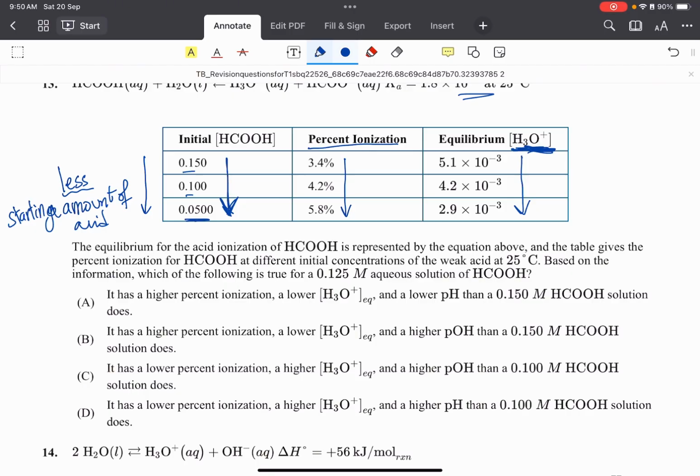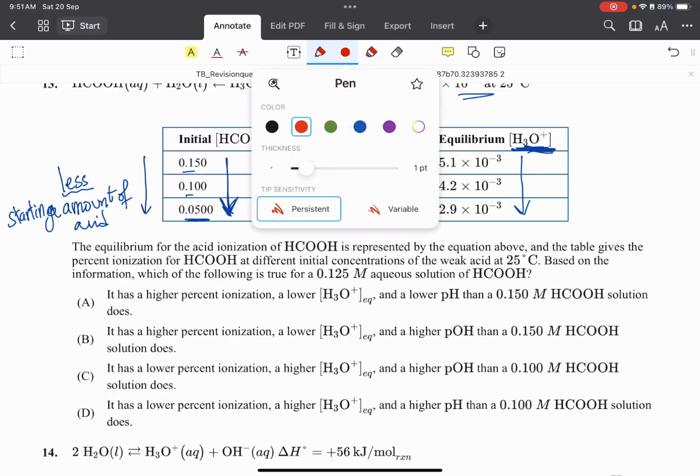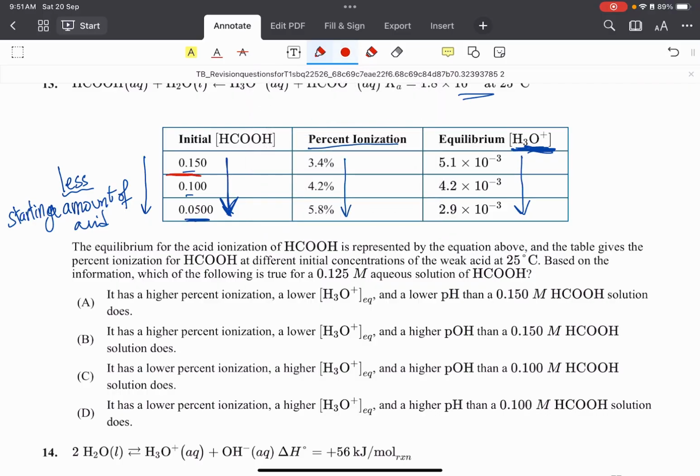So the equilibrium for the acid ionization is represented by the equation above, and the table gives the percent ionization at different initial concentrations of the weak acid. Based on the information, which of the following is true for a 0.125 molar concentration? So they are adding this one. They are talking about a 0.125 molarity.